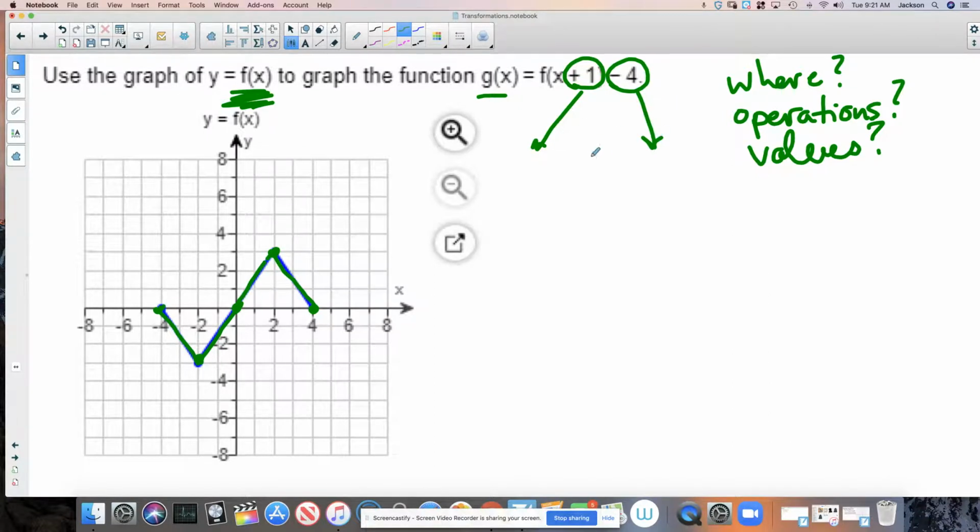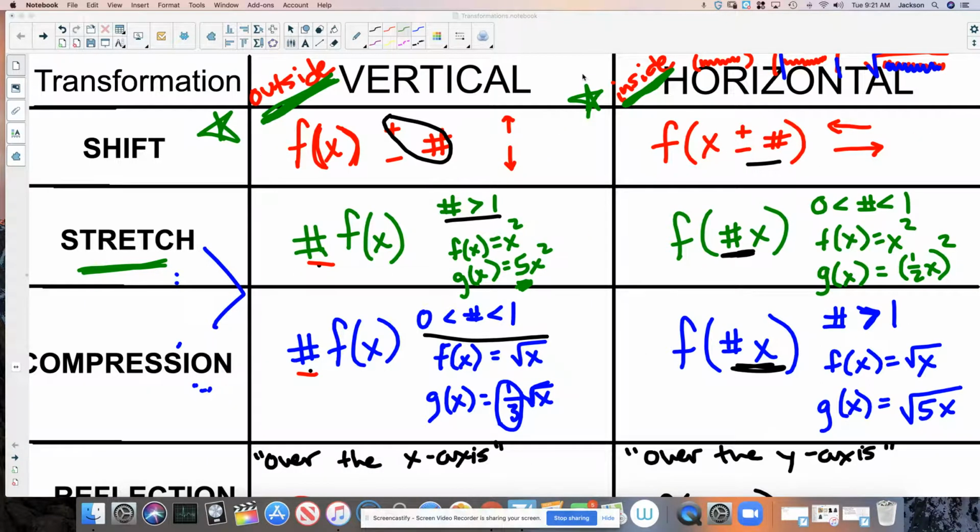All right, so let's address each one of these separately. First of all, where are these operations occurring? This +1, we would say, is inside the parentheses. And if you go back to a previous video or your notes, you know that anything that happens inside parentheses is a horizontal transformation.